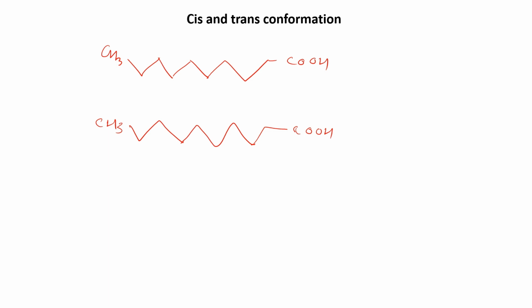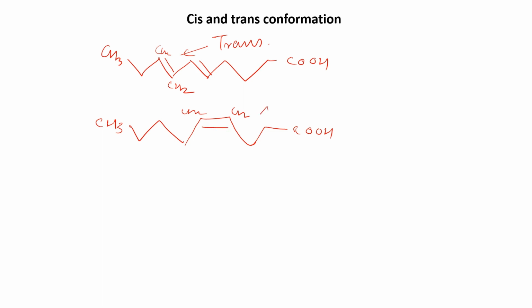Now come to cis and trans conformation. Suppose these are examples of fatty acids. If a double bond is present in which the CH2 groups are in opposite orientation, here one CH2 group will be and here one CH2 group will be, this type of conformation is called trans conformation. Whereas in cis conformation, the CH2 groups are present on the same side.